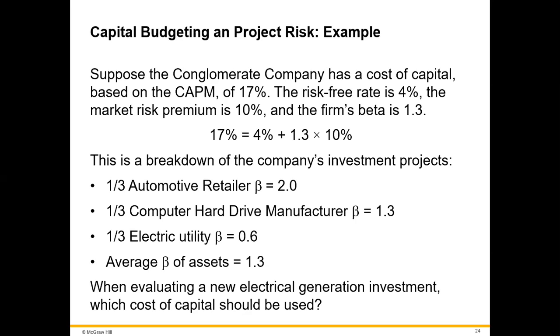The company has investment projects: one third automotive retailer with a beta of 2, one third computer hard drive manufacturer with a beta of 1.3, and one third electric utility with a beta of 0.6. If we add the 2 to the 1.3 to the 0.6 and divide by 3, the average beta of the assets is 1.3. So when evaluating a new electrical generation investment, what is the cost of capital that should be used? 17%.